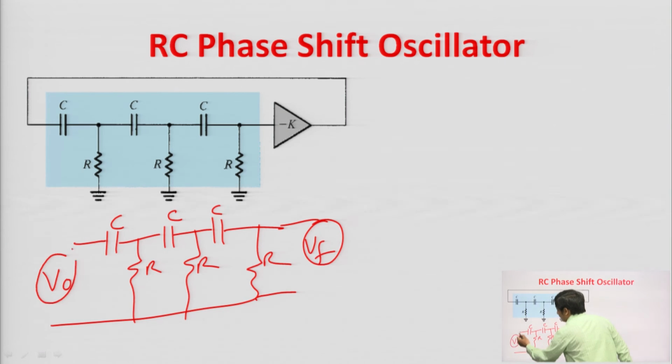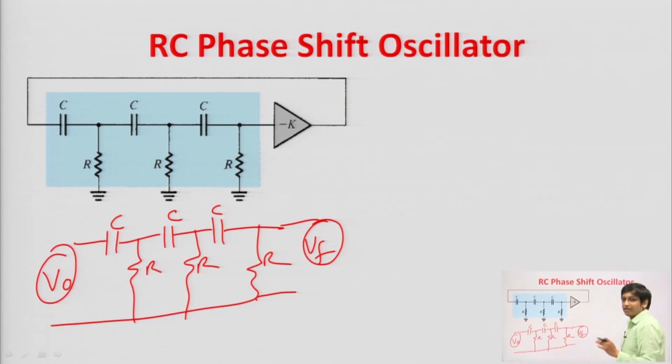I have explained these things in the last 3-4 classes in negative feedback and positive feedback systems, right. So, this is your feedback network, which consists of 3 RC sections. Now, what will be the beta?